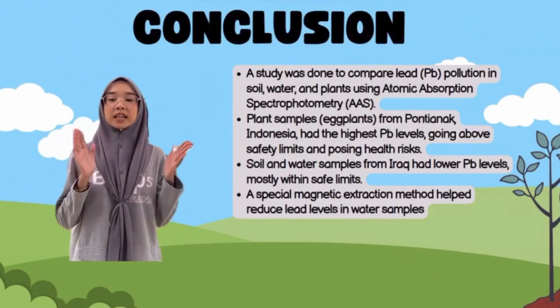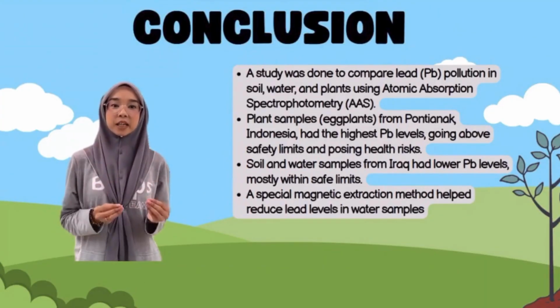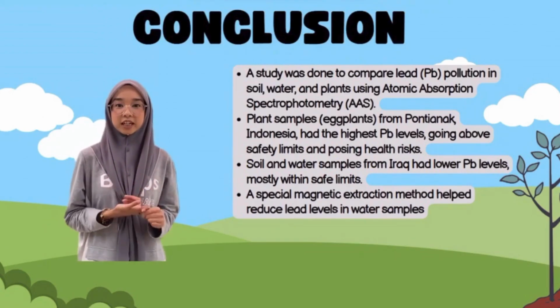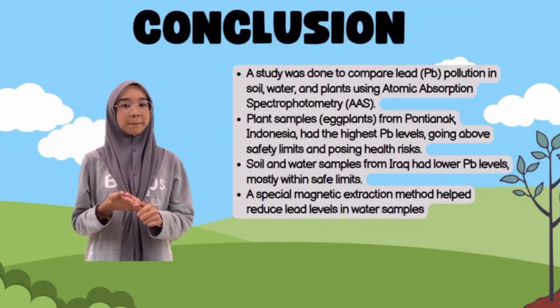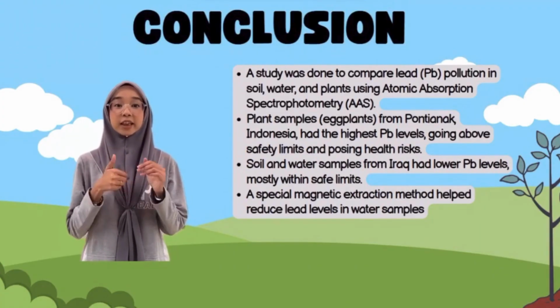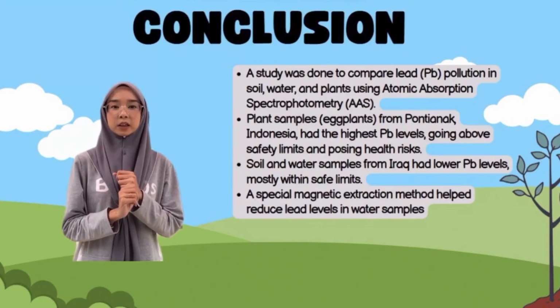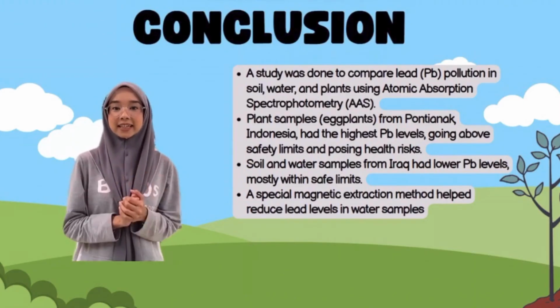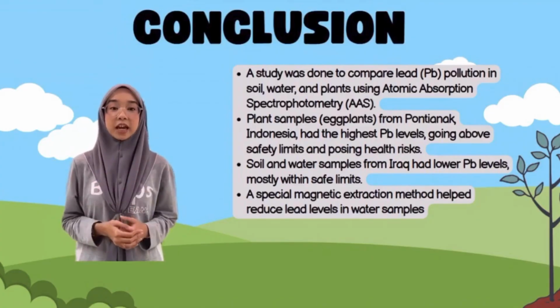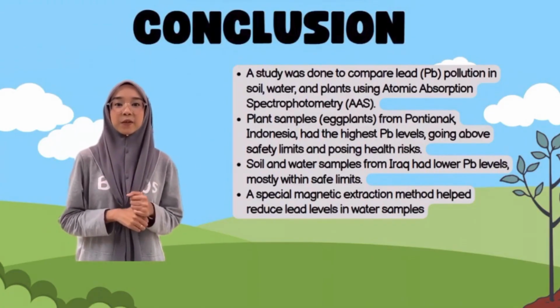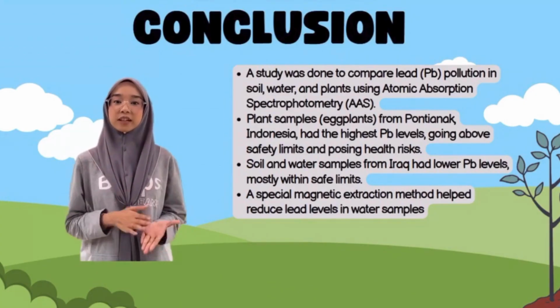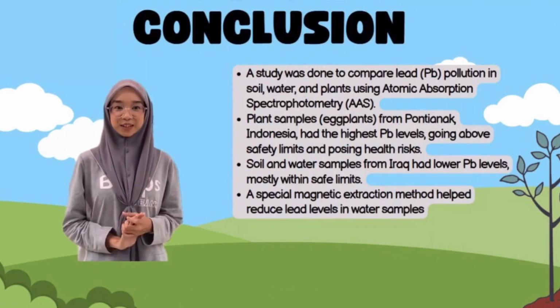Okay, so the conclusion is the comparative evaluation of lead pollution in the soil, water, and plant matrices using atomic absorption spectrophotometry (AAS) recognizes the differential environmental pollution levels and effectiveness of specially formulated sample preparation protocols.